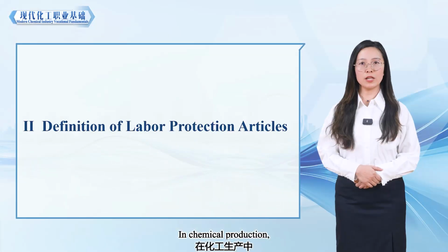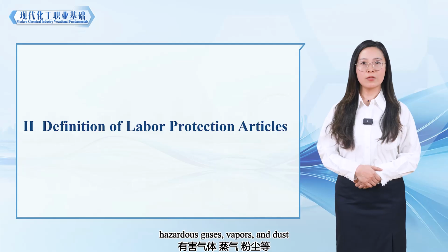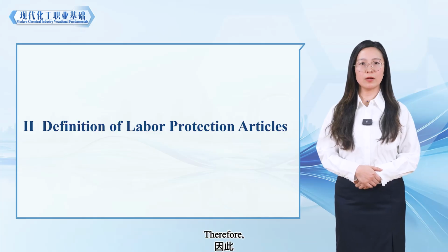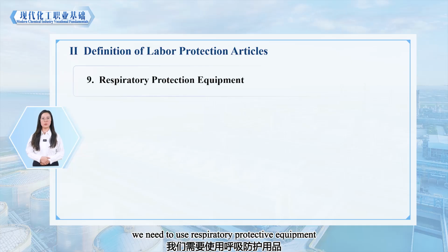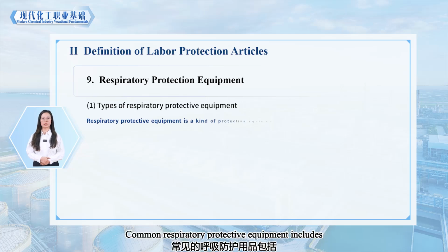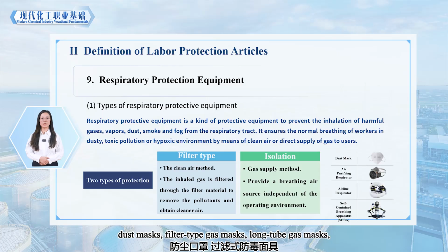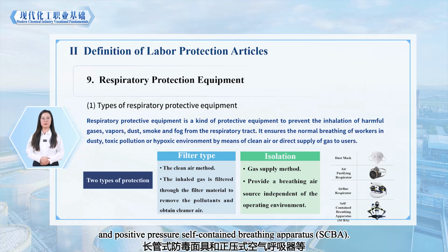In chemical production, hazardous gases, vapors, and dust can pose serious harm to the respiratory system. Therefore, we need to use respiratory protective equipment to safeguard the respiratory system. Common respiratory protective equipment includes dust masks, filter-type gas masks, long-tube gas masks, and positive pressure self-contained breathing apparatus (SCBA).